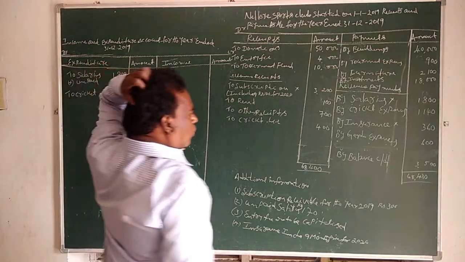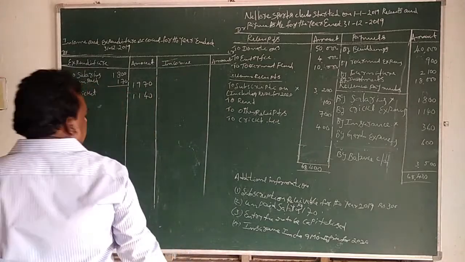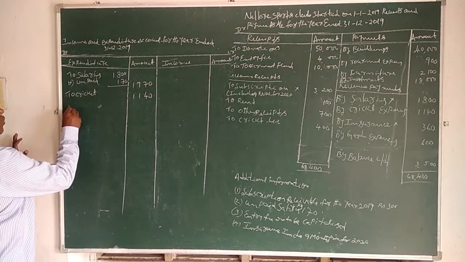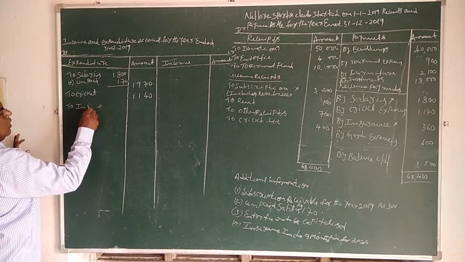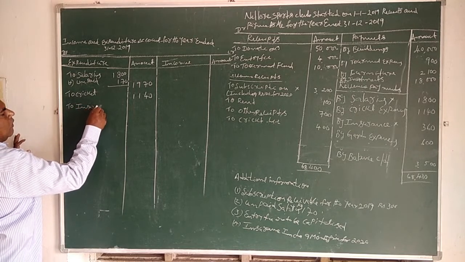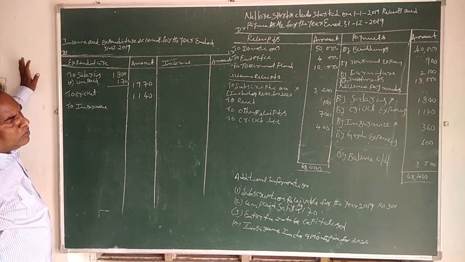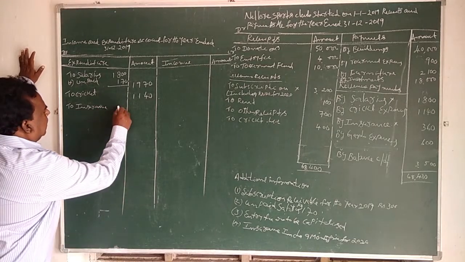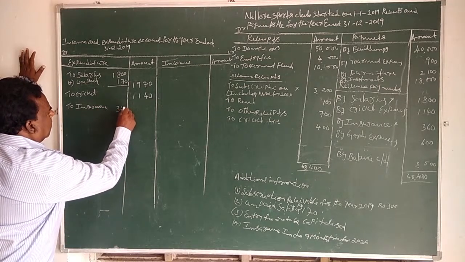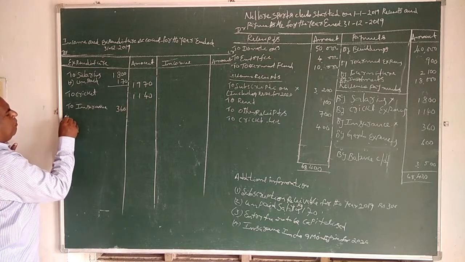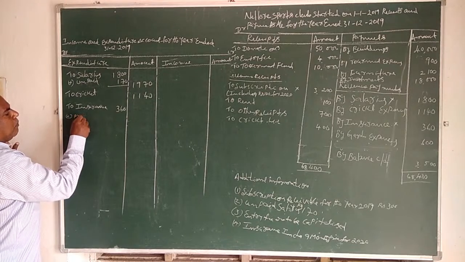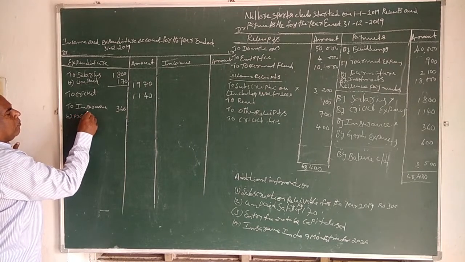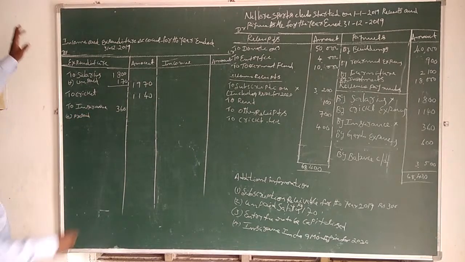Next, insurance: to insurance 360 minus prepaid for 9 months.